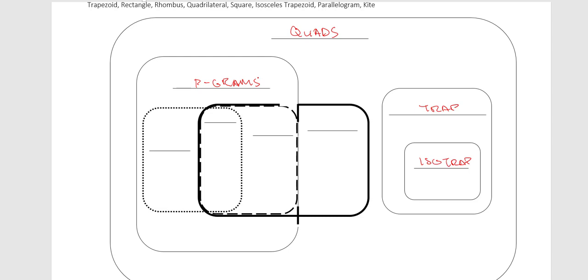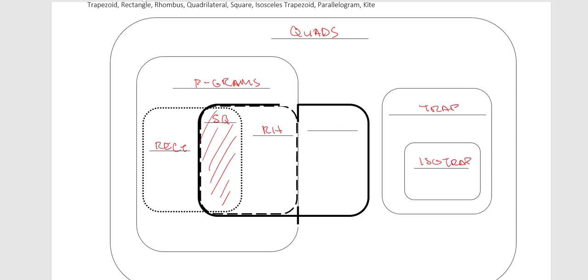And we know that a rectangle and a rhombus are both parallelograms, but when they are together, both a rectangle and a rhombus, then they would be in this crossover region here, and that would be a square.